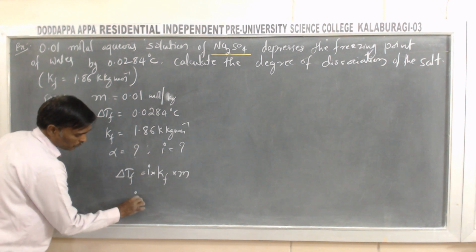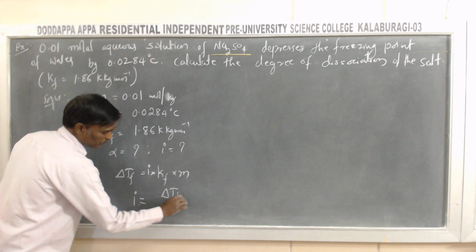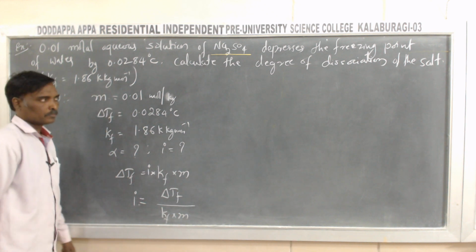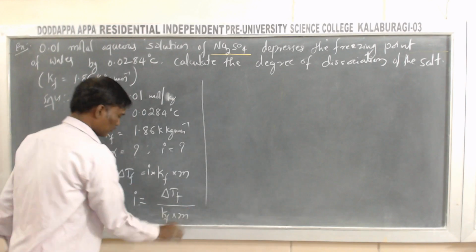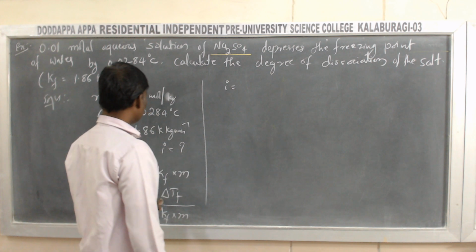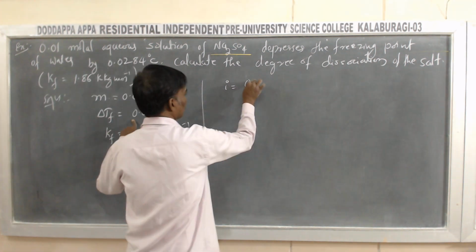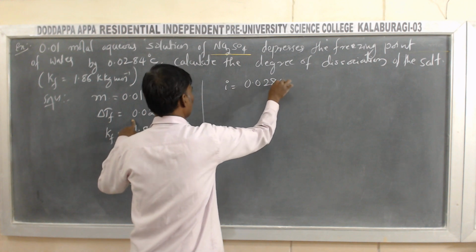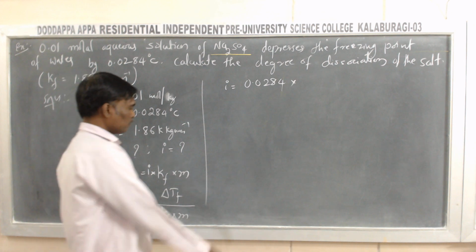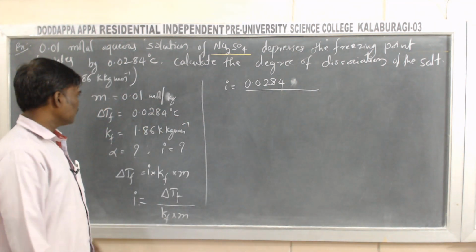So let me rearrange this formula for i. i is equal to delta TF divided by Kf into m. So i is equal to the delta TF value, 0.0284, divided by Kf into molality.